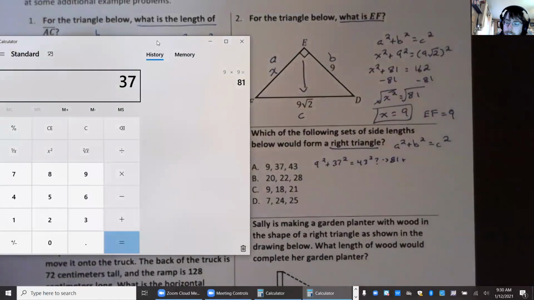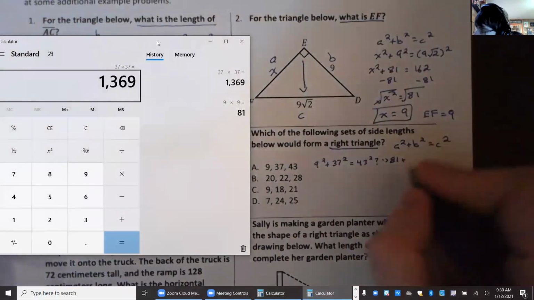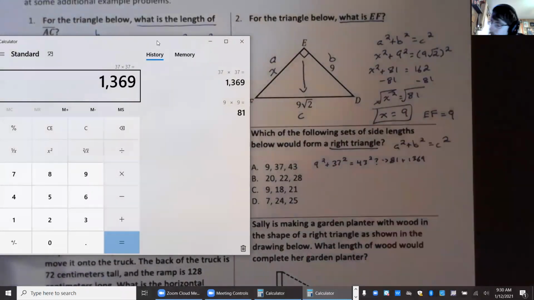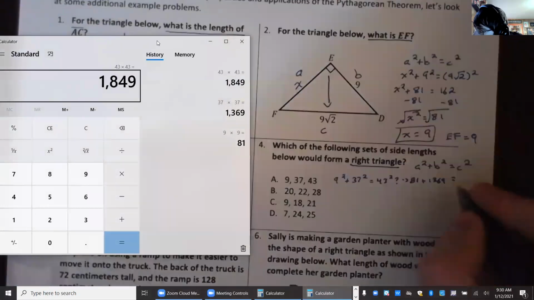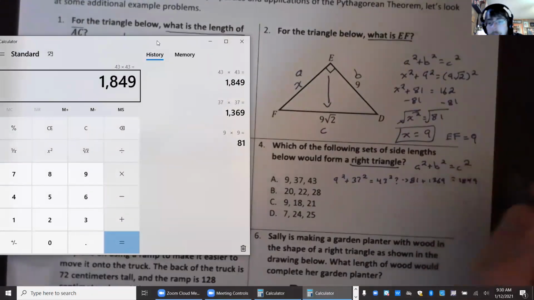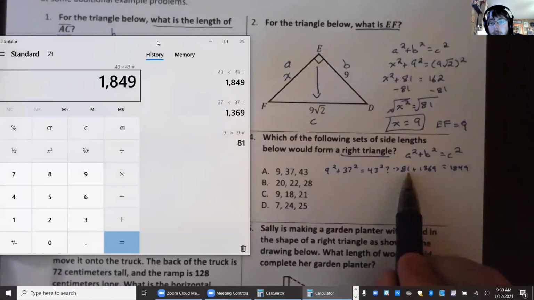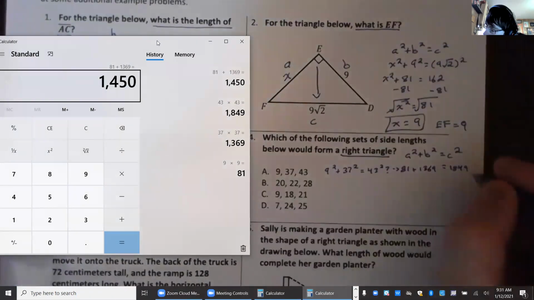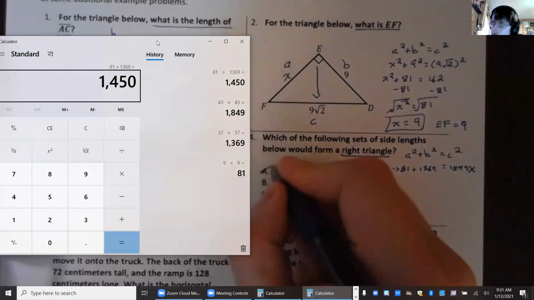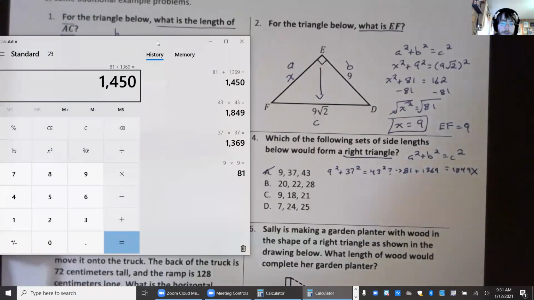And then we have 37 times 37 is 1369. And we have 43 squared as 1849. If you add 81 and 1369, is that equal to 1849? The answer is no. So A cannot be a right triangle.